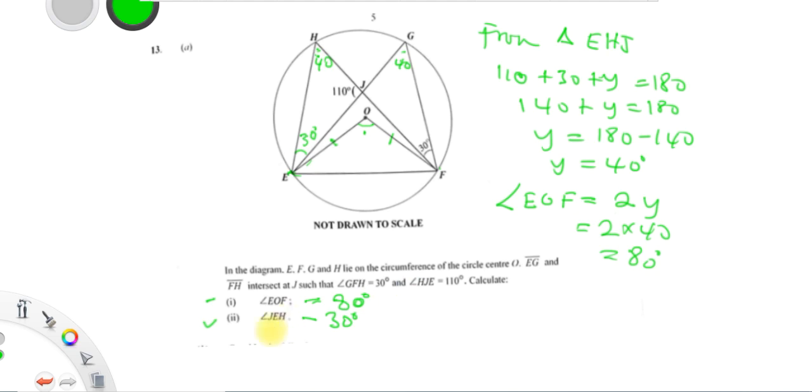So we are saying that we got EOF to be 80 degrees. How did we get the 80? This one is 40, so the angle formed by an arc. You have to state this before you solve it.